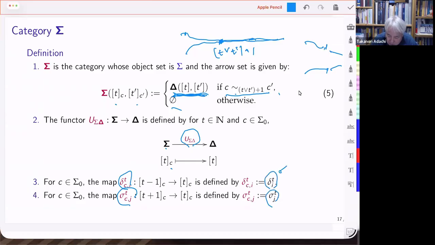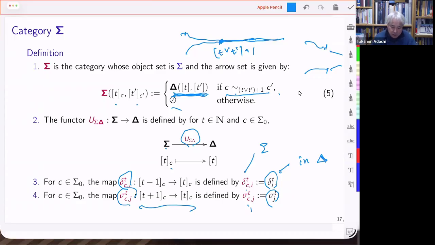These guys are in the simplex category delta, and here of course it is from sigma, but in a slightly confusing way, adding some context C dash, we use these guys.